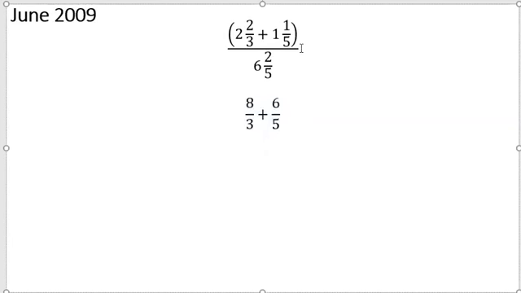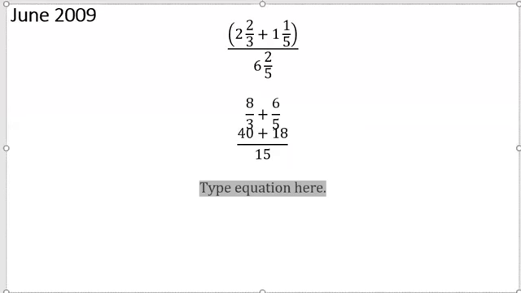And once again, we find our denominator, or L.C.M., which is 15, and we now say 3 into 15 goes 5 times, 5 8s 40, plus 5 into 15 goes 3 times, 3 6s is 18. So now we have 40 plus 18 to give us 58 over 15.